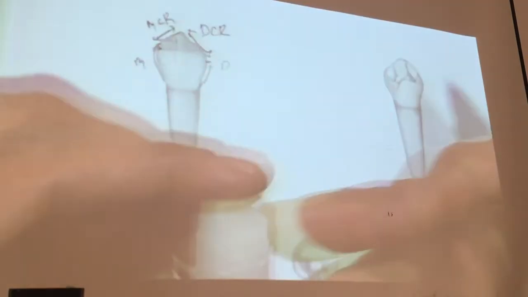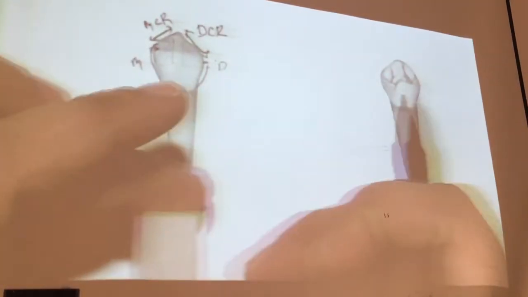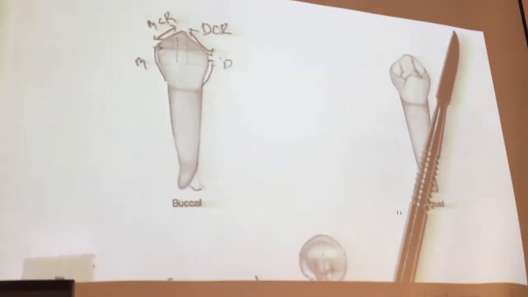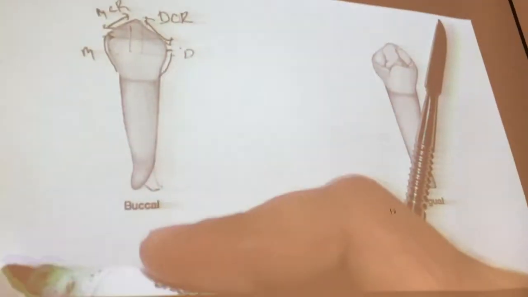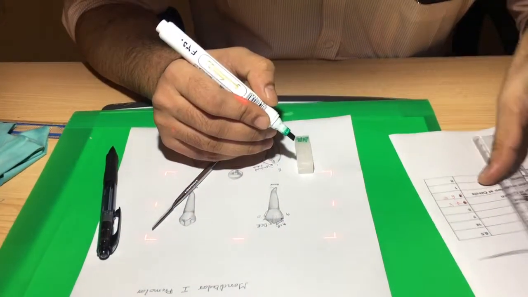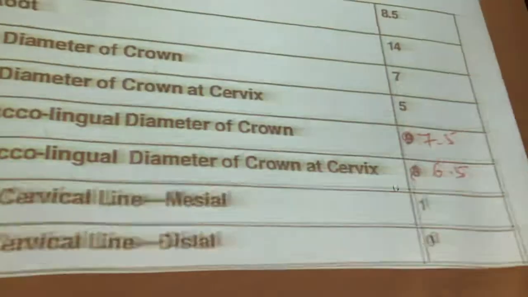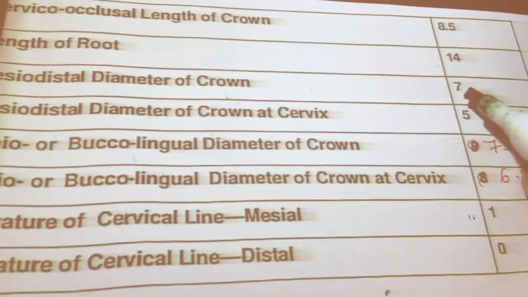So I'll take the labial one. First what I am supposed to take is the mesiodistal diameter of the crown, which is 7 mm. In spite of 7 mm, you can take as 8.